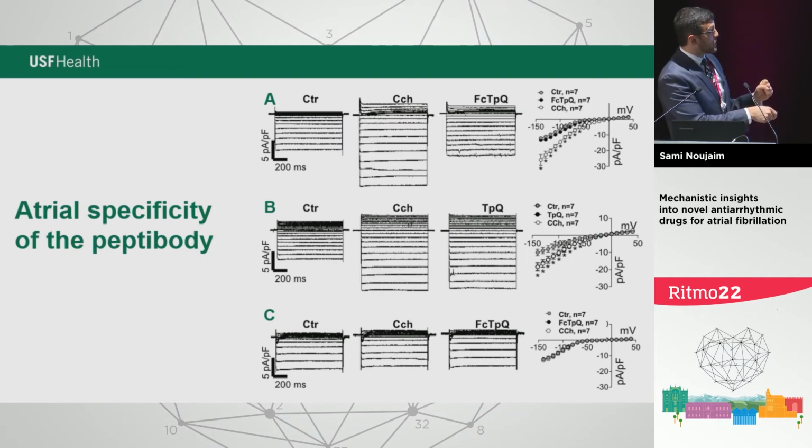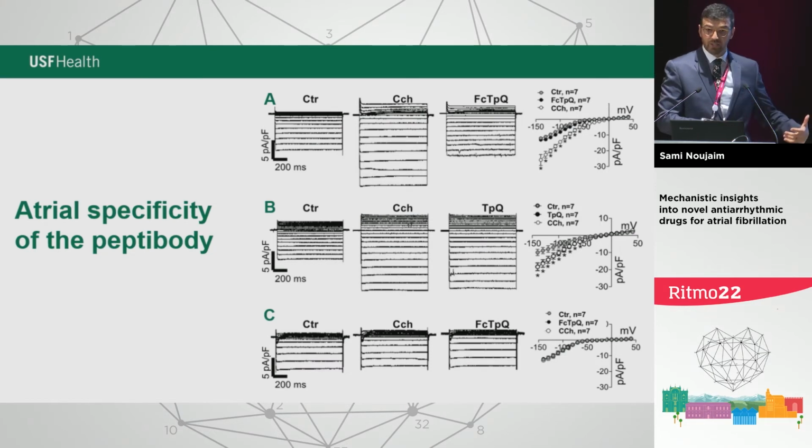And as you expect, when you add carbachol to a ventricular cell, it does not elicit an IKACH current, and the current is the IK1 background current. And when we added the peptibody to the cell, it did not change the current, indicating that it does not block IK1. So we took that as evidence of an atrial selectivity for the action of the peptibody.